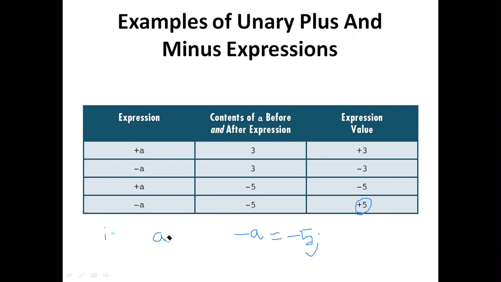This type of expressions we are going to call unary expressions. Suppose here I am writing a is equal to 3, and indirectly by default it has a plus, even if you are not indicating it.